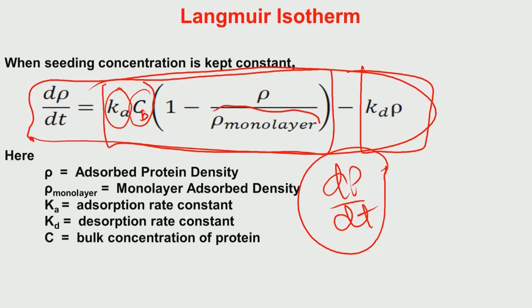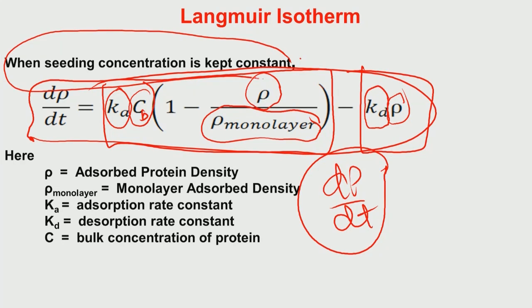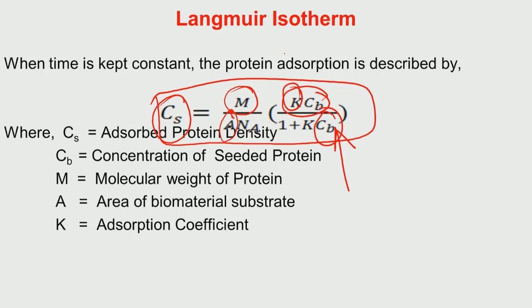Rho monolayer is the monolayer protein concentration, rho is the concentration of the protein at any time t, Kd is the protein desorption coefficient, and rho is again the adsorbed protein density. This expression is valid only when your initial seeding concentration of the protein is kept constant, and at any given time t when protein adsorption follows this Langmuir isotherm.